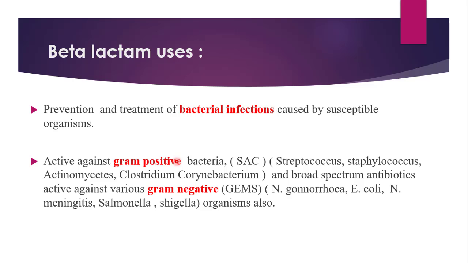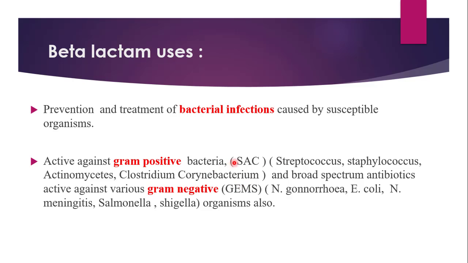So how will you remember this? Even if you remember 3 to 4, it is okay. Gram positive, the trick is SAC, and gram negative, the trick is JAMES. In JAMES, G stands for gonorrhea, E stands for Escherichia coli, M stands for meningitis, and S stands for Salmonella, Shigella. And SAC: S is for Streptococcus, Staphylococcus, A for actinomycetes, and C for Clostridium, Corynebacterium.